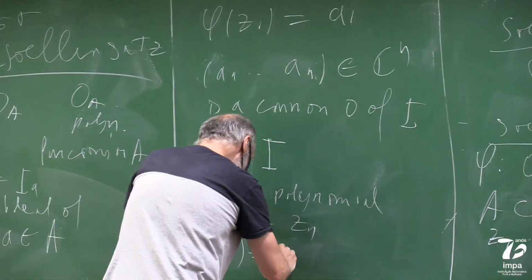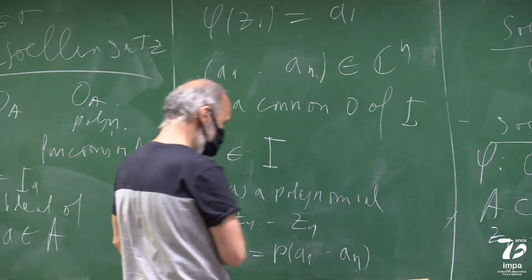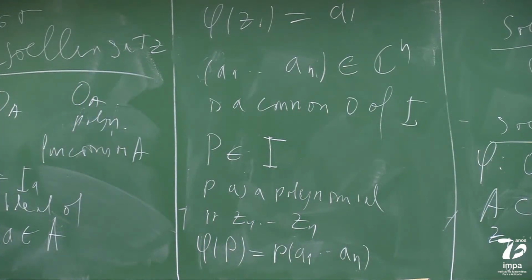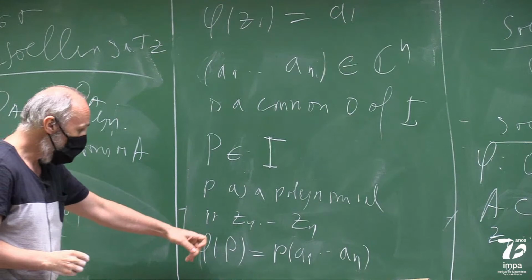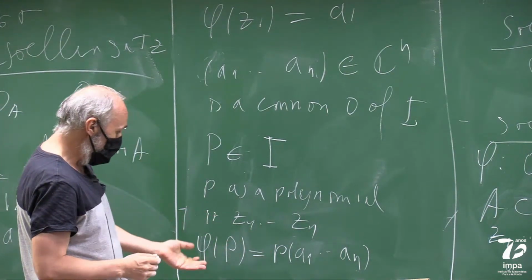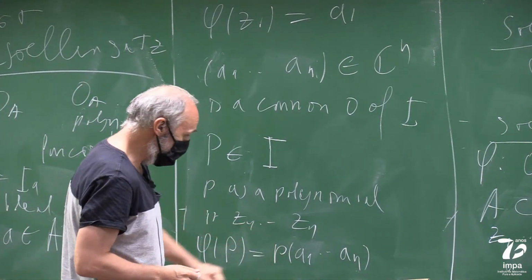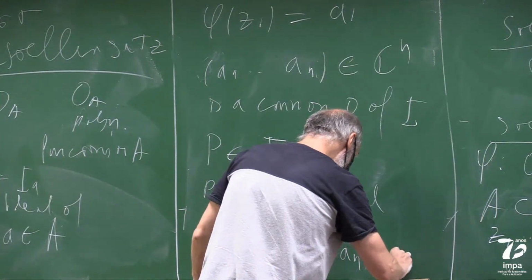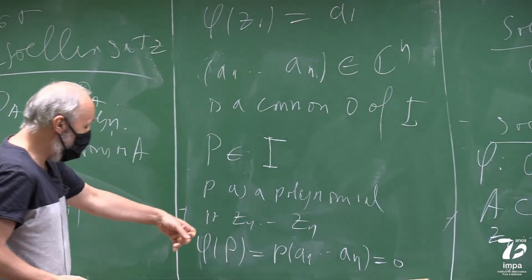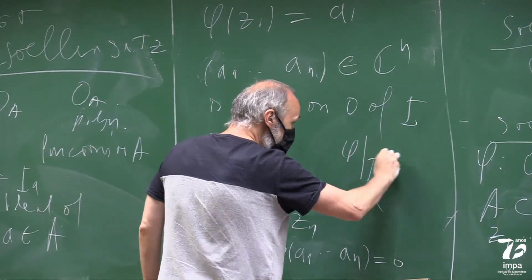So it will be P of A1, ..., An. You just substitute phi of Zi instead of Zi, and phi of Zi is Ai. And this should be 0, because phi restricted to I is equal to 0.